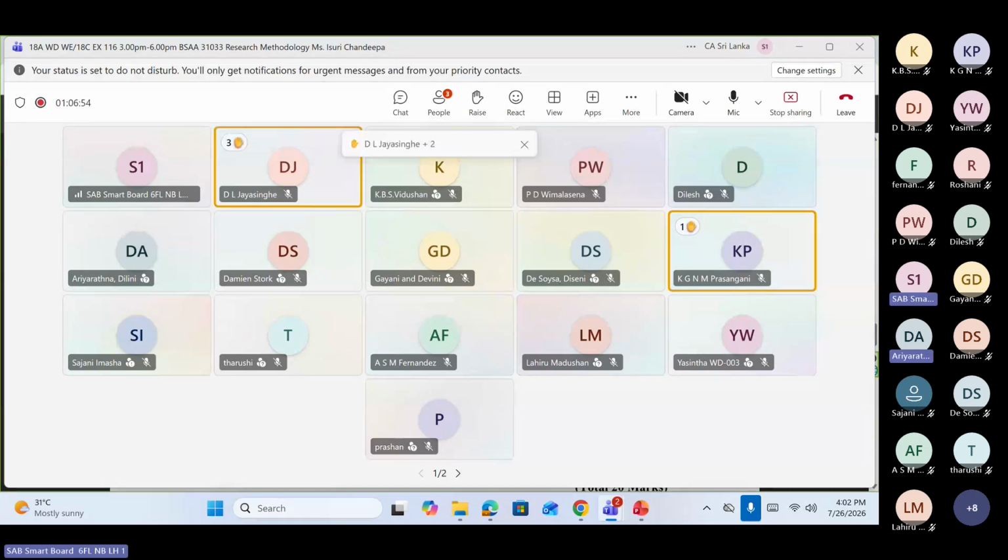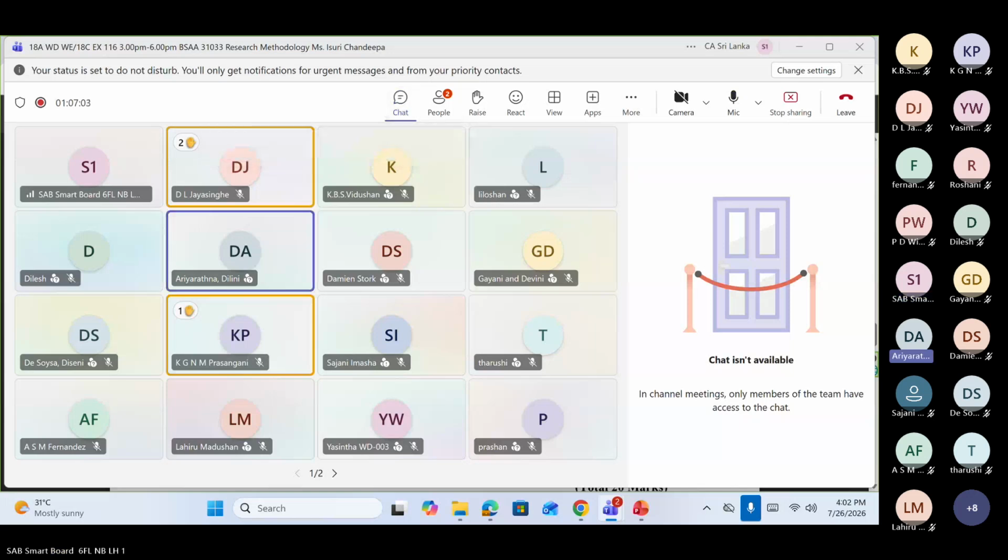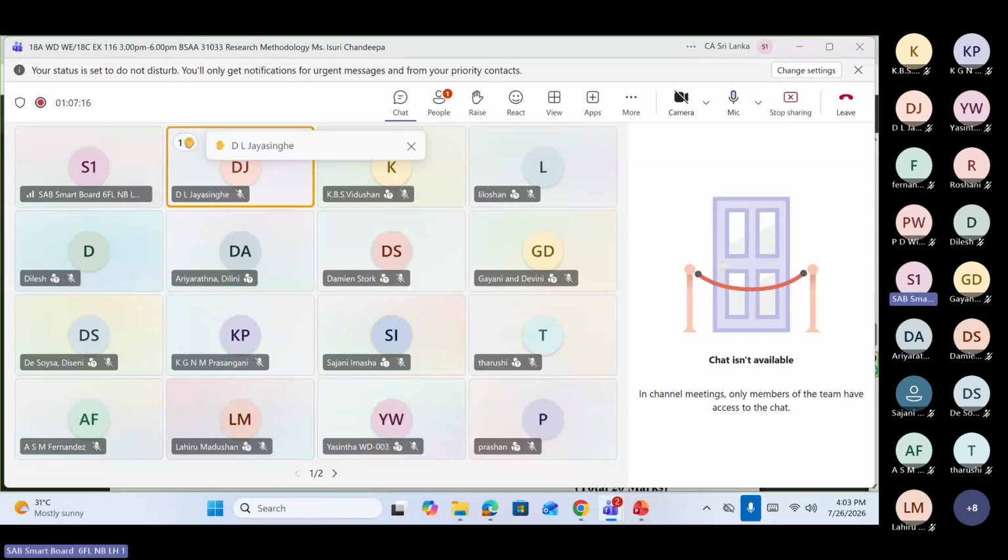Can you type any messages in the chat box? Otherwise, we can't do this topic review process if your mics are muted. Okay, I will ask again.